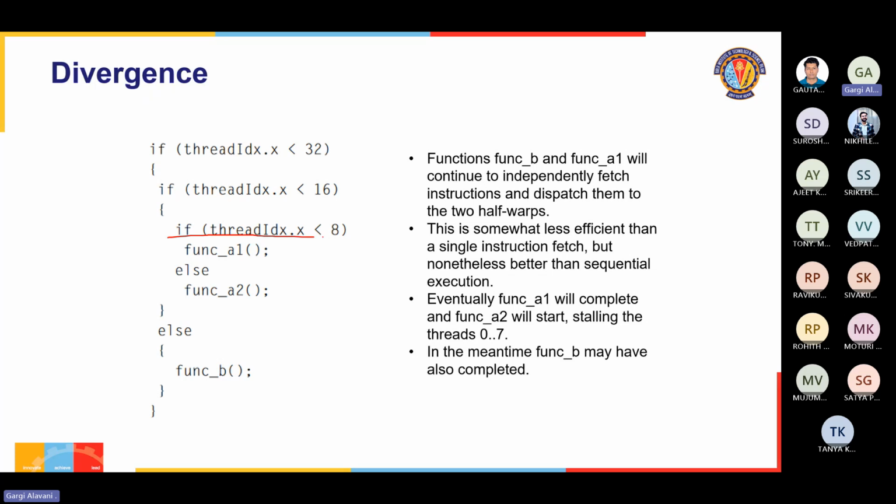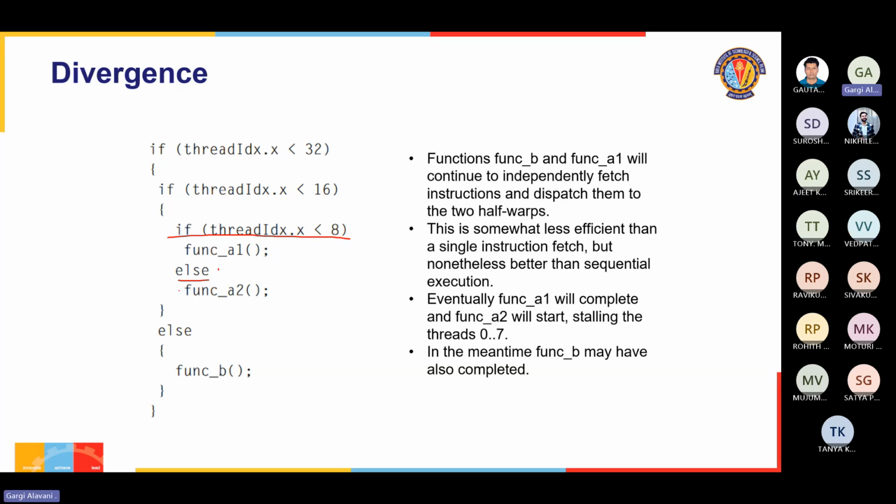Yes. Here, those which satisfy threadIdx.x less than 8, the first 8 threads, are executing while the remaining 8 will wait. Then they'll come here, in the else, the remaining 8 will execute and the first 8 will have to wait. Because the instructions that we assign are assigned to the whole warp, 2 different instructions cannot be assigned to a single warp at a time.